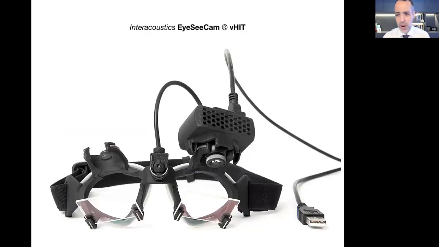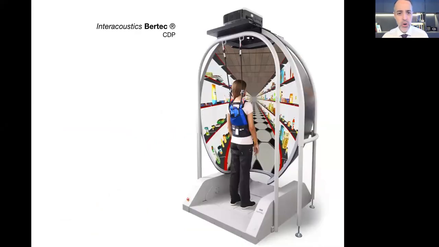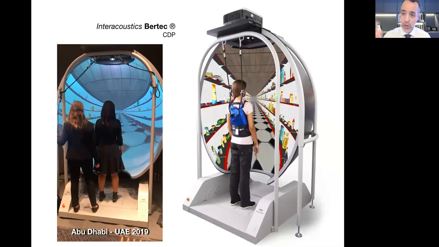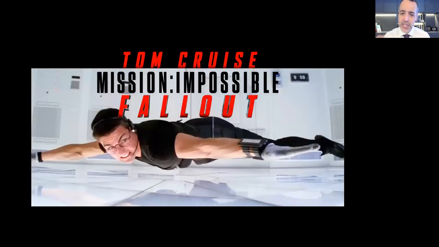And it doesn't really matter if you have a vHIT or an Orion rotary chair or a Porsche platform. It's a wonderful Porsche platform, but it's a mission impossible if you believe that you're gonna diagnose your dizzy patients just by performing tests.